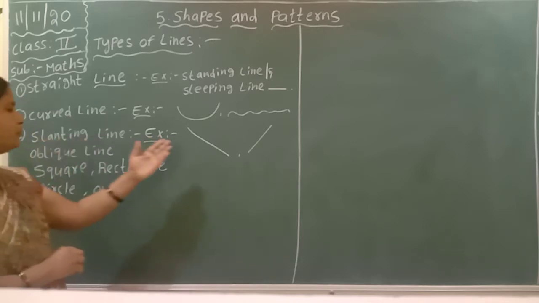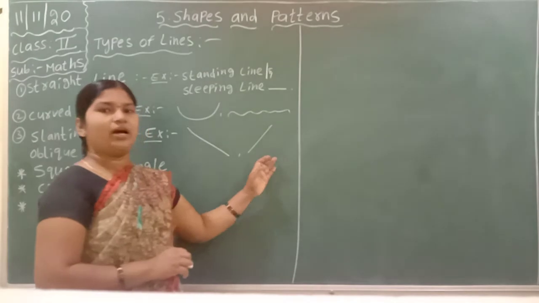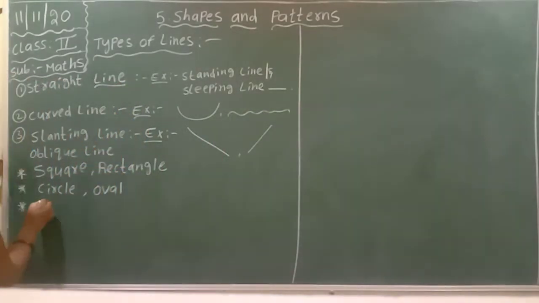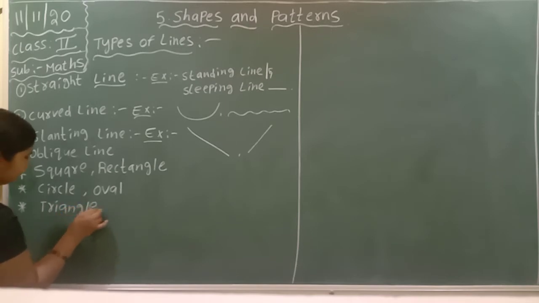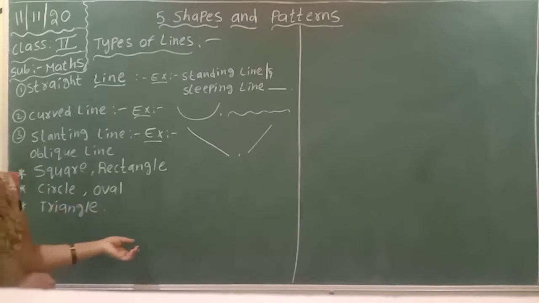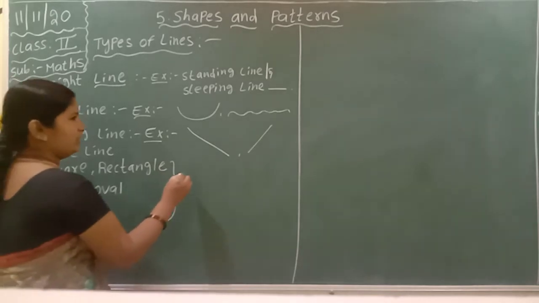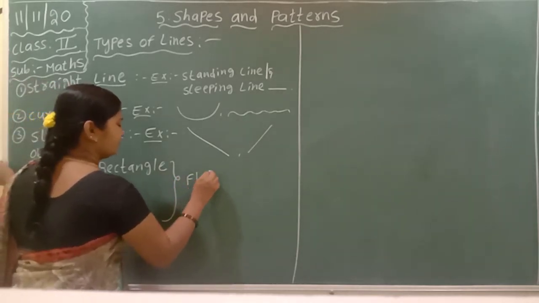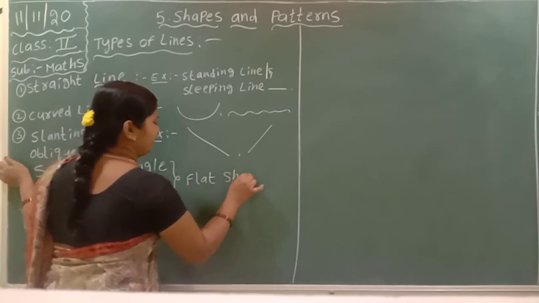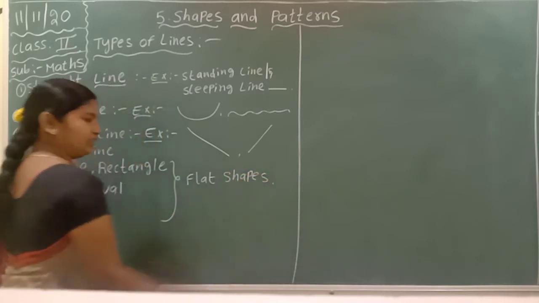And using these oblique or slanting lines, we have to draw the triangle. These all are known as which shapes? Flat shapes.